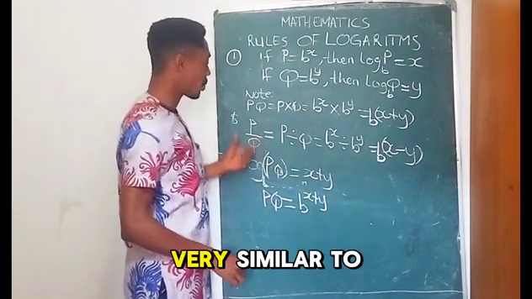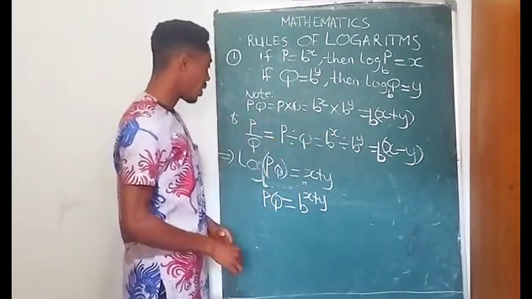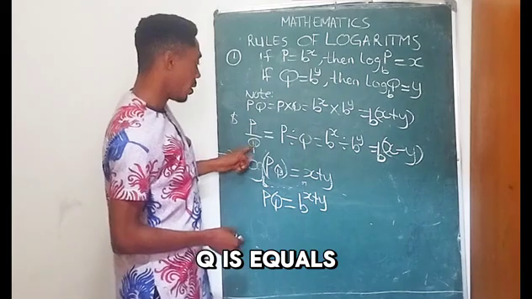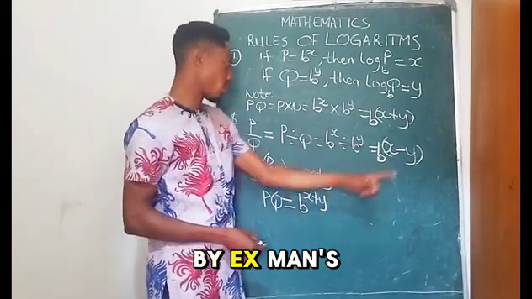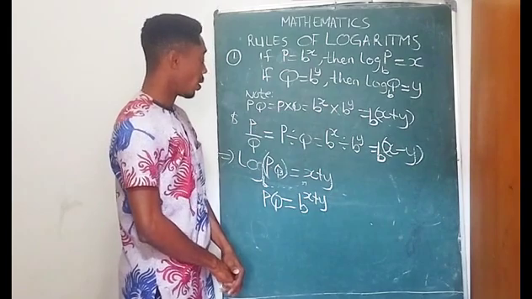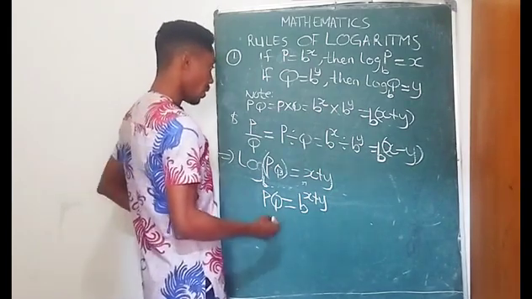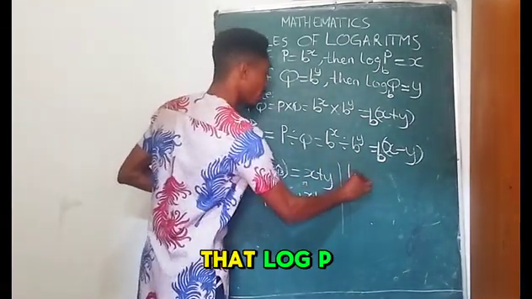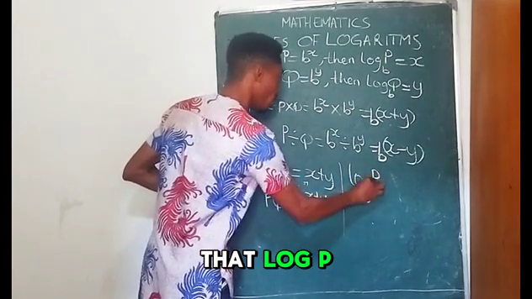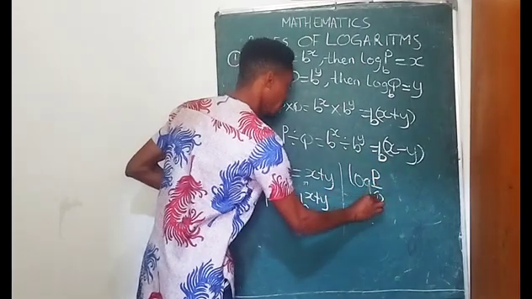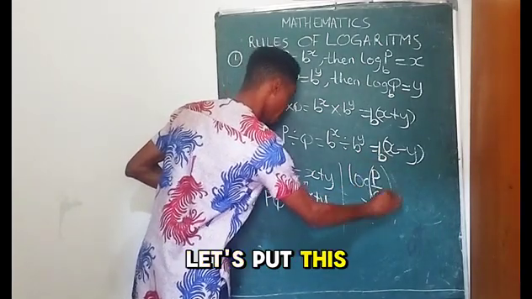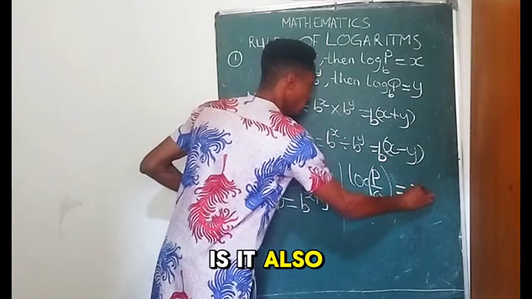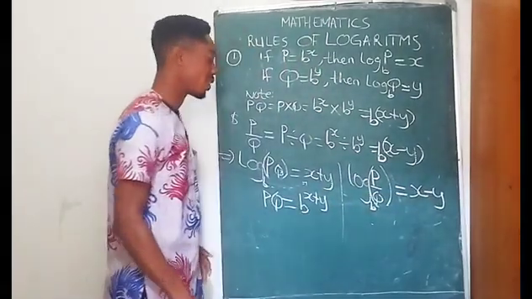I believe what we are doing here is very similar to what we are seeing here. Alright. From the second statement, if p over q is equal to b raised to power x minus y, we can interchange this and also say that log of p all over q in base b, let's put this bracket here, just the same way we put this bracket here, is equal to x minus y.